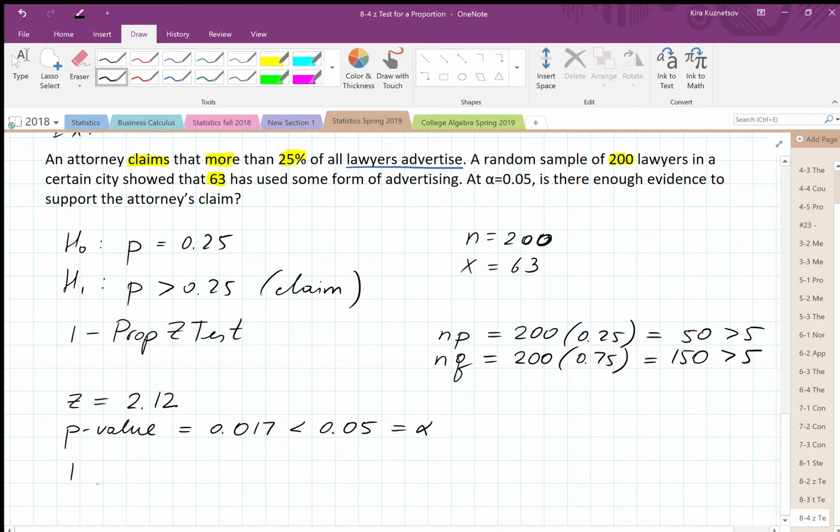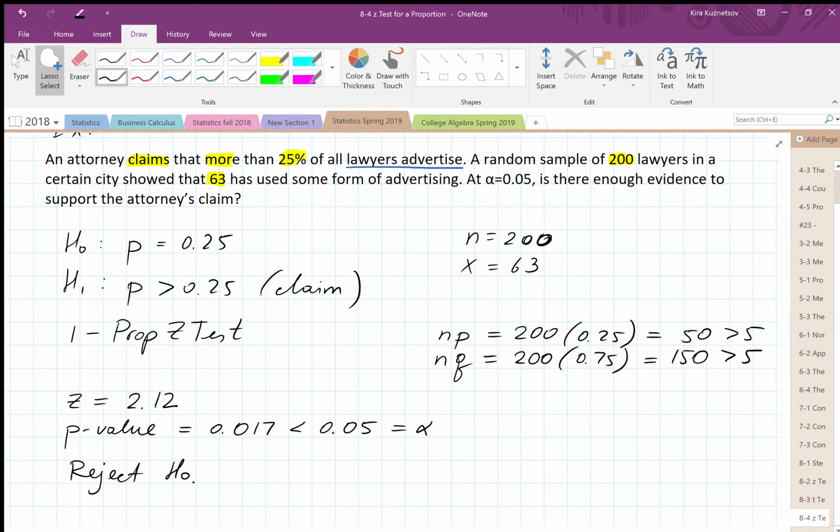So what we do is we reject the null hypothesis. If we reject the null hypothesis, I'm pointing right about here. If you reject the null hypothesis, you reject the statement p is equal to 0.25 in favor of the alternative hypothesis, which happens to be my claim.